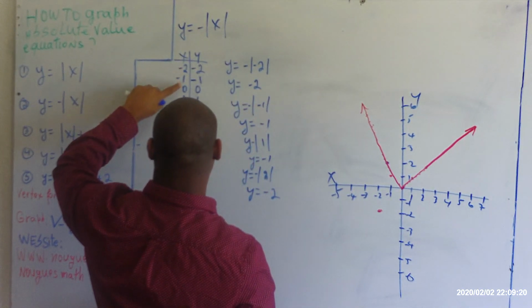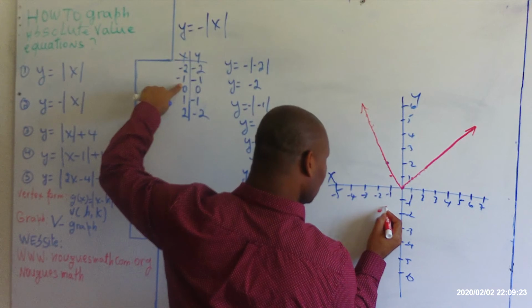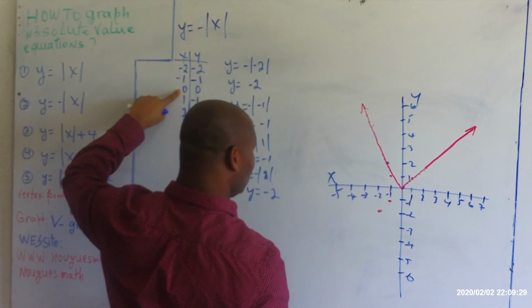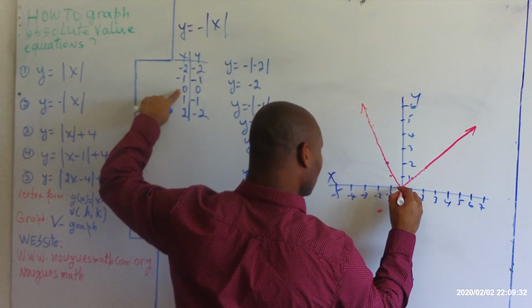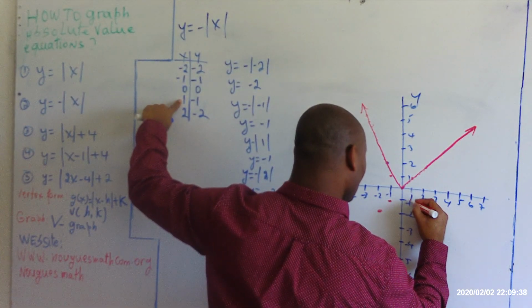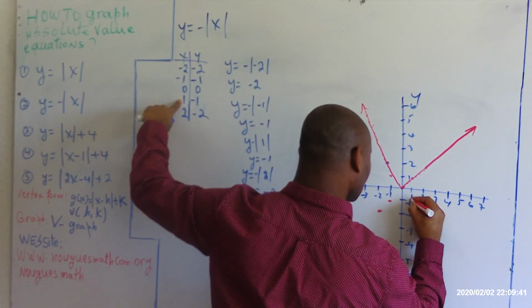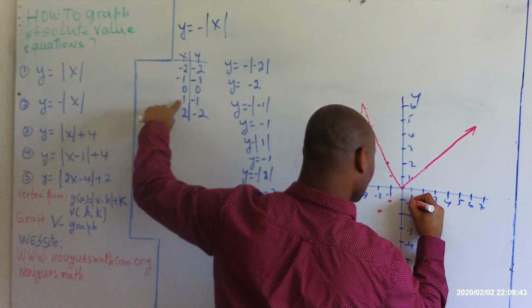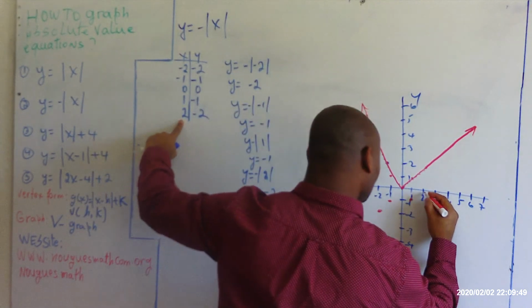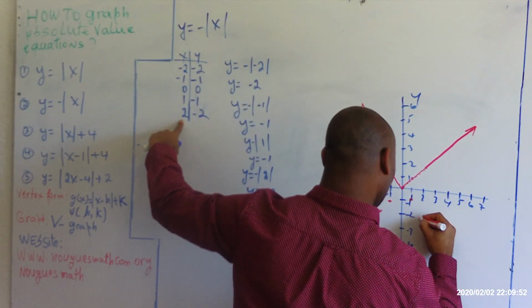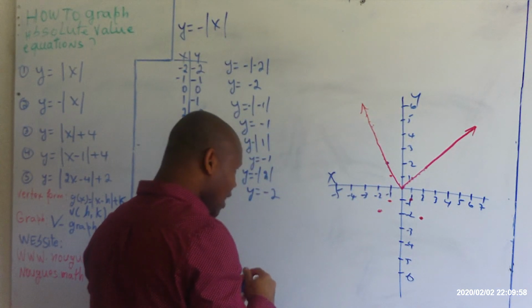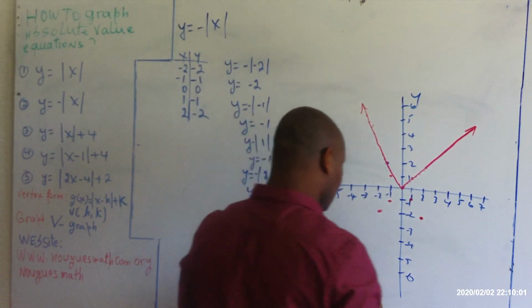Negative 1, negative 1, right here. 0, 0. 1, negative 1, right here. 2, negative 2, right here. Yes, this is our graph.